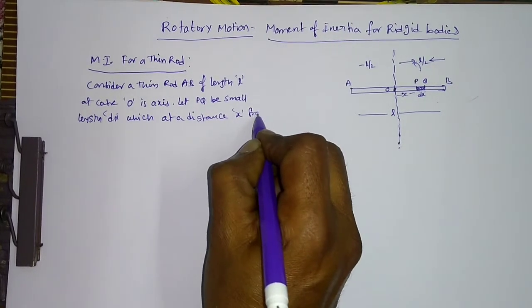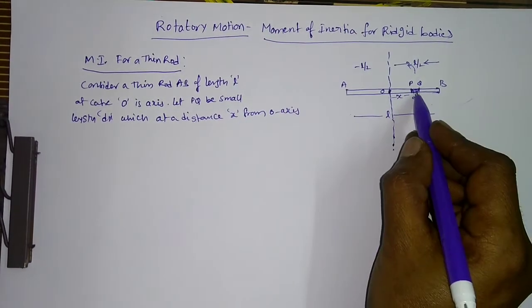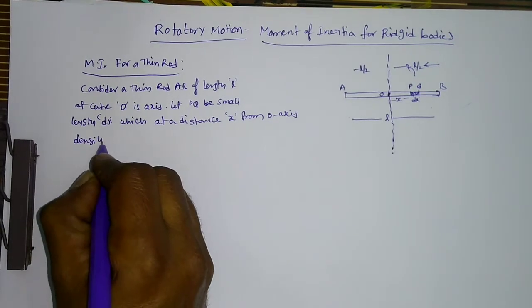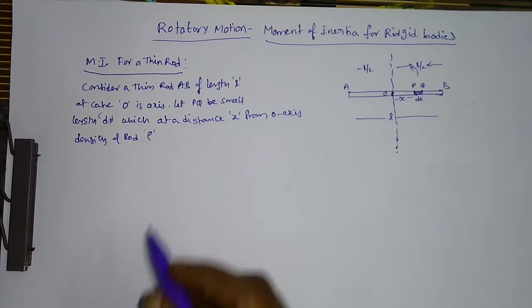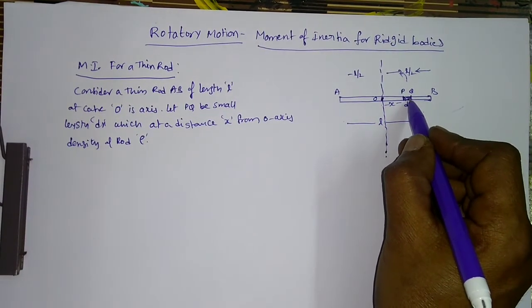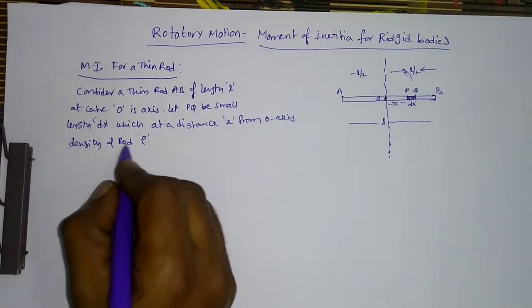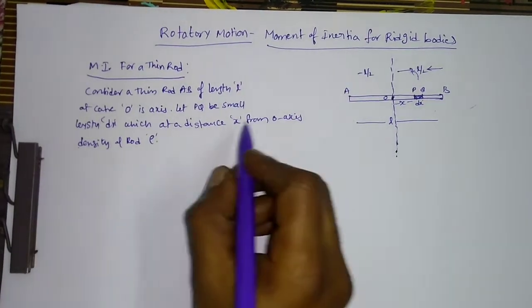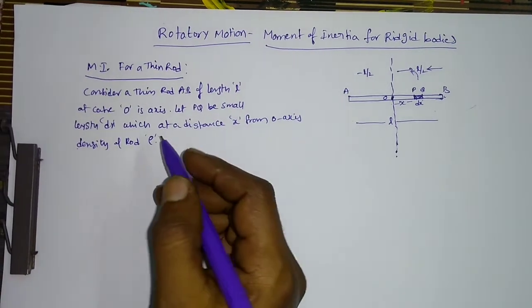The small element dx is at a distance x from the O axis. I consider the density of the rod to be rho, and now I determine the mass of this small element dx. This is linear density, or volume density, no problem, because the breadth is negligible, so you can use the density simply.